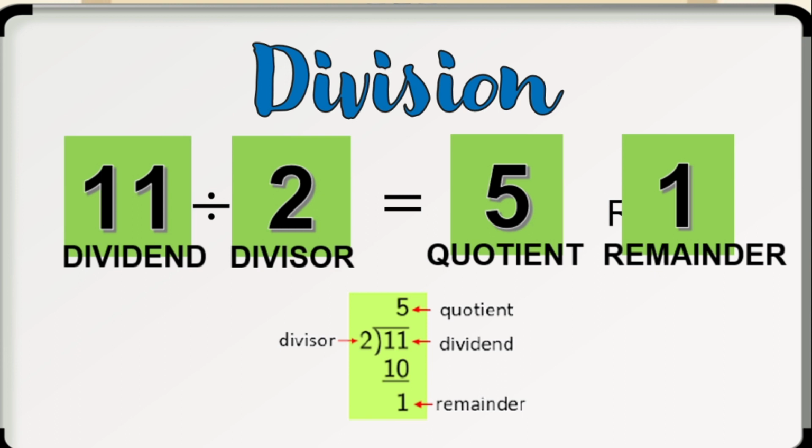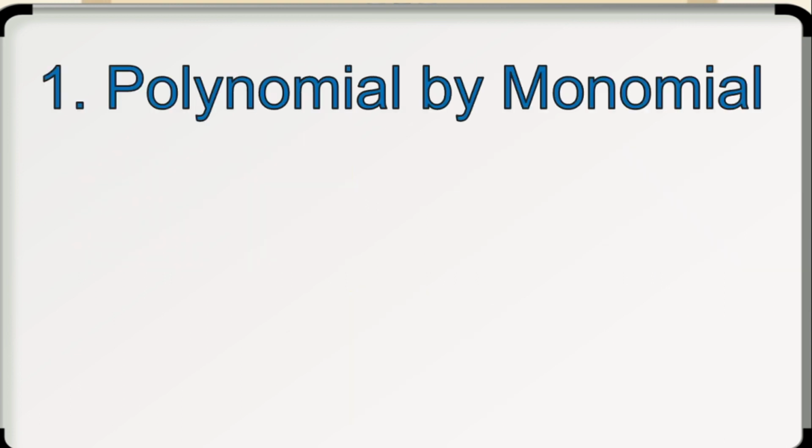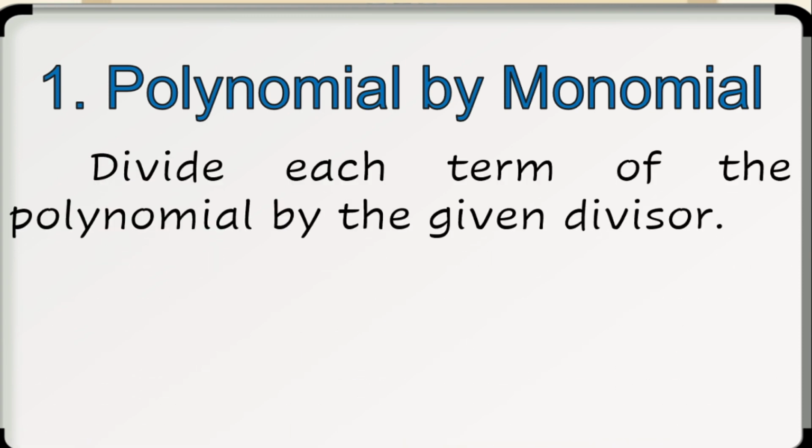The number by which the dividend is being divided by is called the divisor, and a quotient is a result obtained in the division process. We also have the rules in dividing polynomials. Let's start with the polynomial by monomial, which states that divide each term of the polynomial by the given divisor.